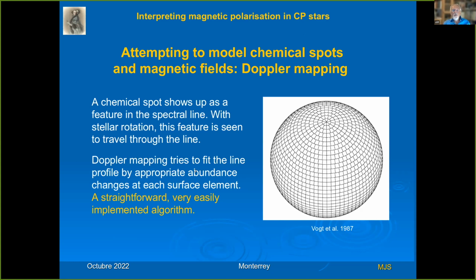And what you have to do is just to fit the line or a bunch of lines, the exact profiles, by changing the abundances at each surface element. That might be typically 1000, and to have it converge, to have a perfect fit to the profiles, is in itself a very straightforward, very easily implemented algorithm.